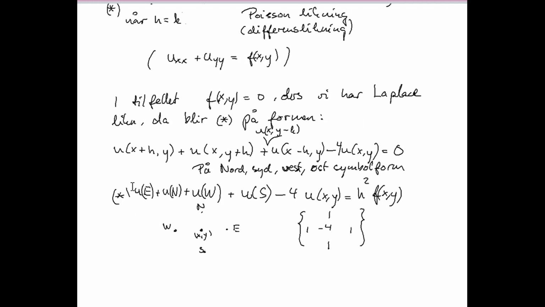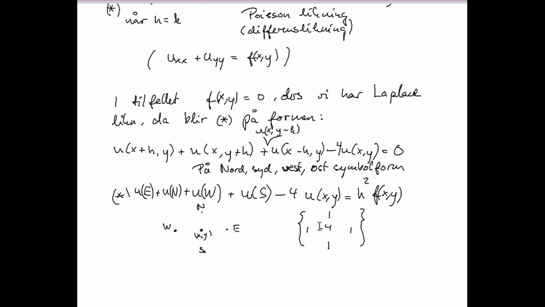So if we consider the coefficients on uE, uN, uW, uS, and the u in the middle point, then we obtain that on all these four coefficients is equal to 1, and this coefficient is equal to -4.